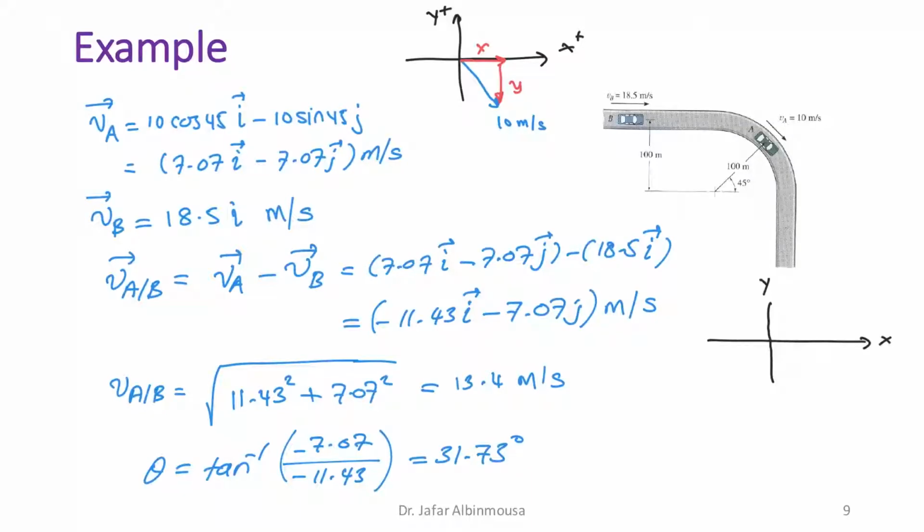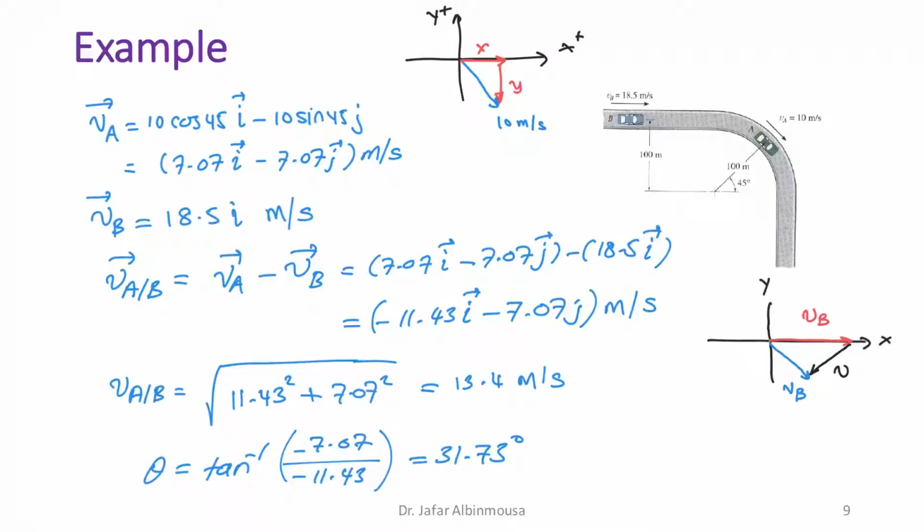So if I want to show this, I will show 18.5, a long arrow, so this is VB. And then I will show the 10 meter per second. It has to be a little bit smaller. This is VB.